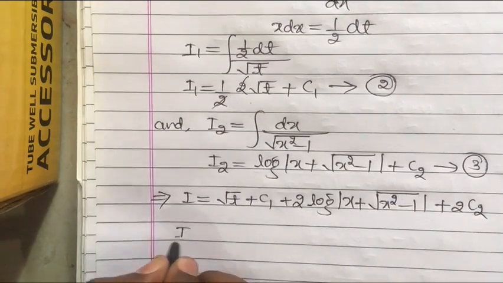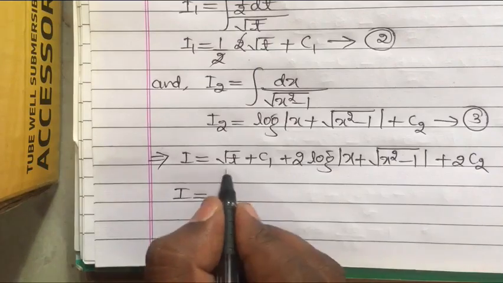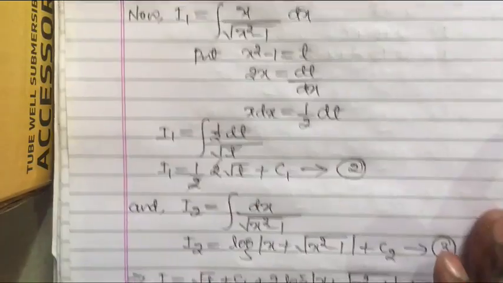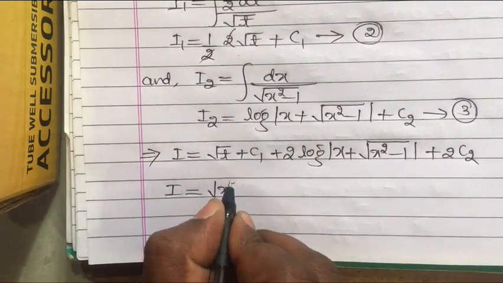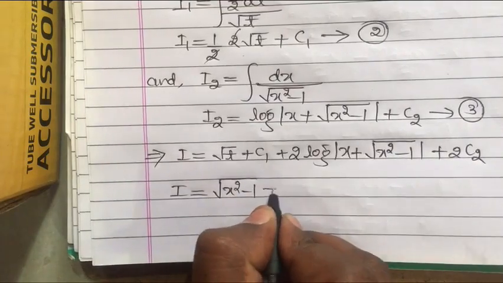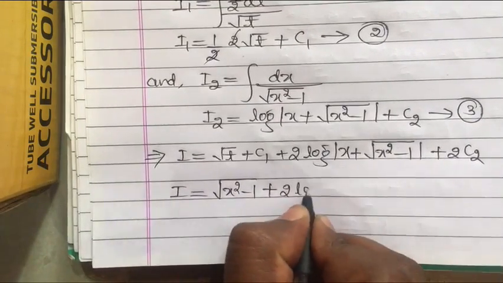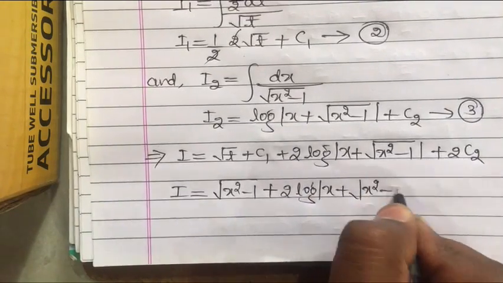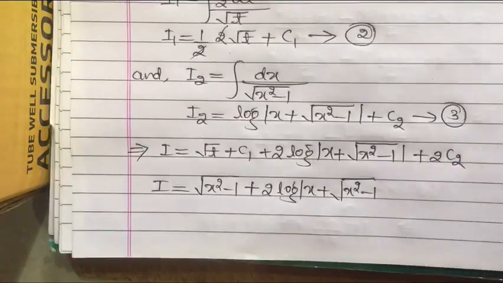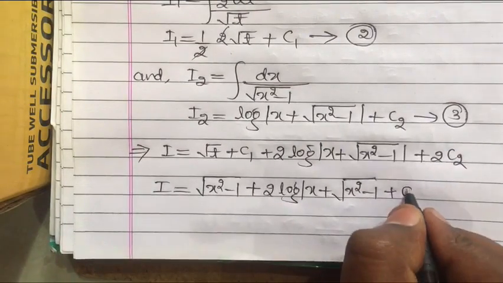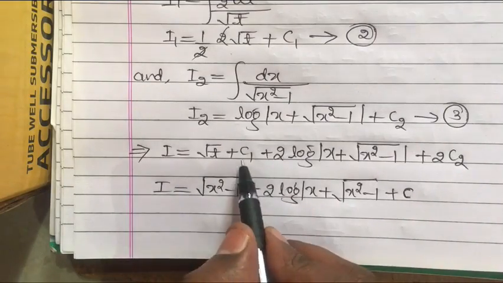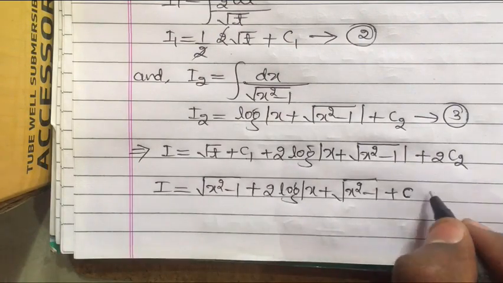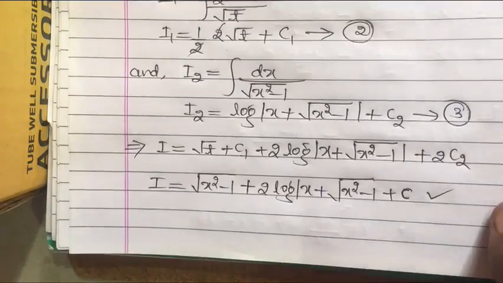So here I is equal to root t. What is t in the first integral? It is x square minus 1. So square root of x square minus 1 plus 2 times log of mod x plus square root of x square minus 1, plus c. So here c is going to be c1 plus 2 times c2. We can replace a constant by some other constant. So this is the answer for the 17th problem.